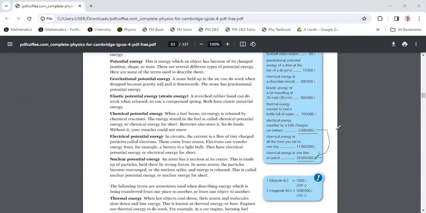This is a little trick. 17.5. Yes, but once you get the answer, be careful. It is not 17.5. Why? Because you cannot get half a fully charged car battery, remember? Oh, 18. Which is why we need 18. So even though it exceeds this amount, 18 is what we need because we cannot have half a fully charged car battery.